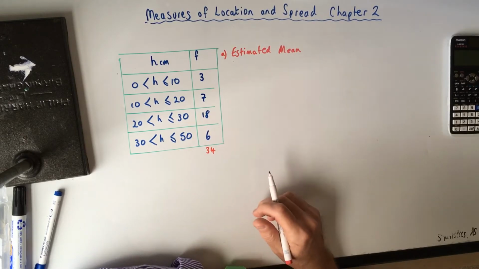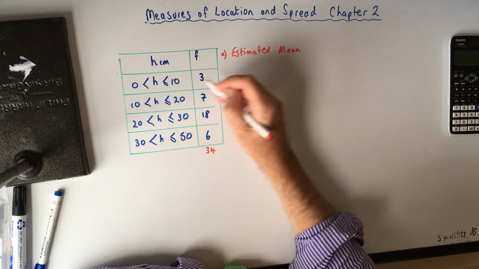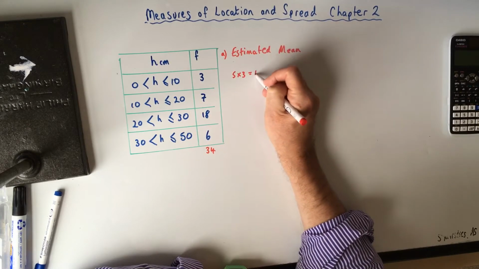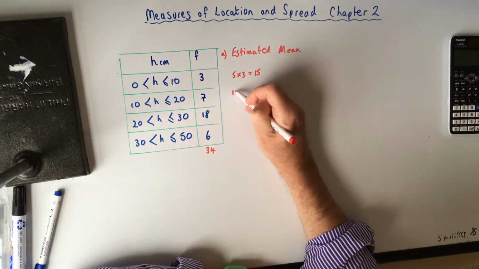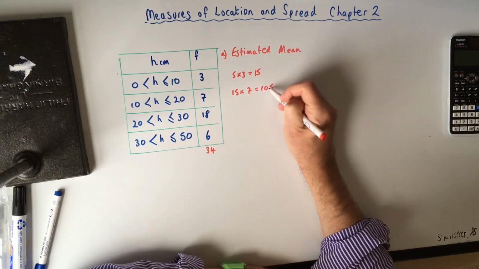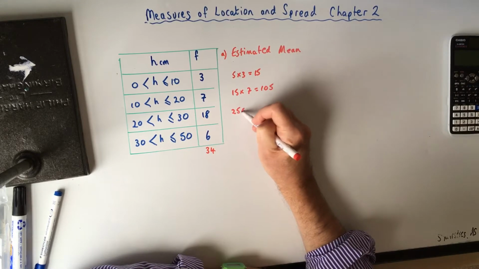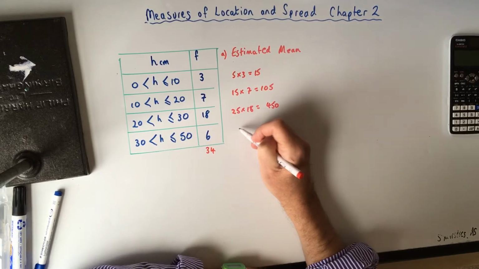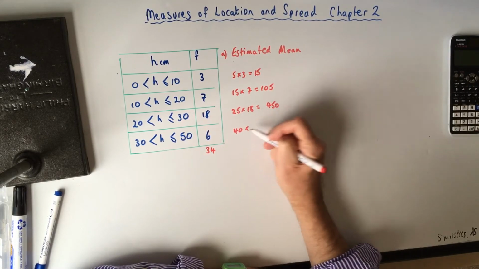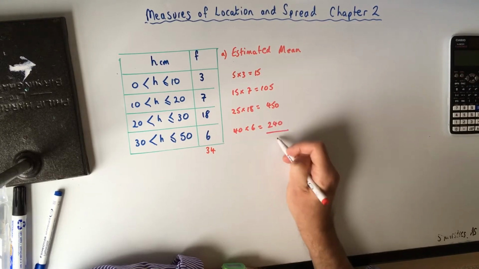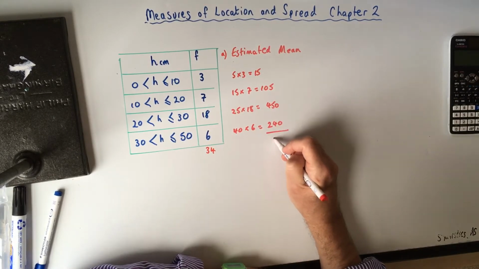So the estimated mean is going to be midpoint times frequency, 5 times 3, which is 15, 15 times 7, which is 105, 25 times 18, which is 450, and the midpoint, be careful, that one is 40 times 6, which is 240, and if we add those all up we get 810.